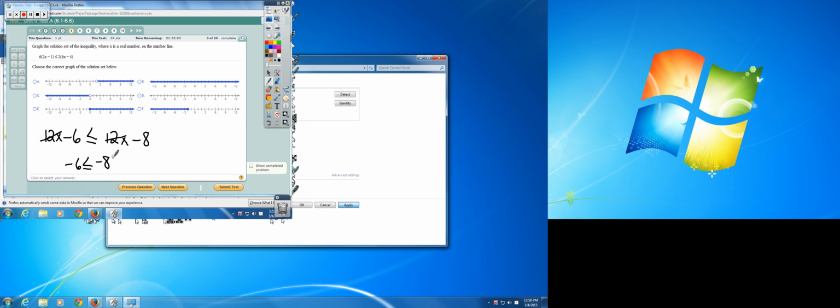Is that true or false? False. What is negative 6 to negative 8? It's greater than or equal to. So your answer is no what? No solution.